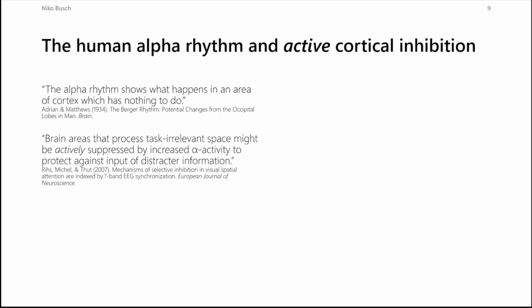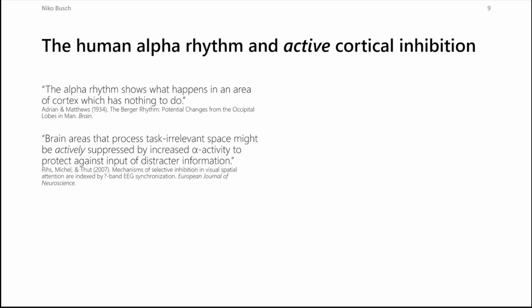In more recent years, there have been a number of proposals saying that, well, we should better think of the alpha rhythm as a tool. Those are my words, right? As a tool which the brain uses to selectively suppress information that would be task irrelevant or potentially distracting. For example, in this paper by Rees and Tudor and colleagues, saying that the task irrelevant space might be actively suppressed.